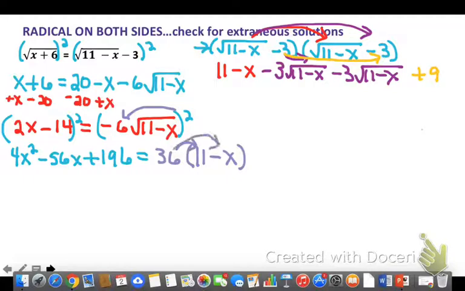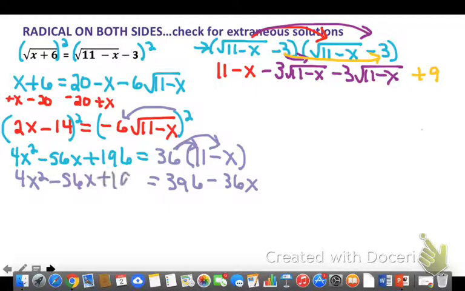Now we need to distribute the 36. That gives 396 minus 36x, and we have 4x squared minus 56x plus 196.